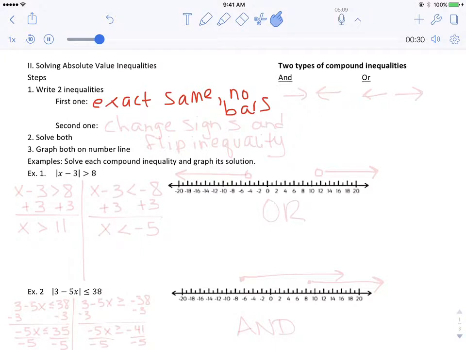The second one, we are going to change the signs on anything outside of the bar, and we're going to flip the inequality symbol.